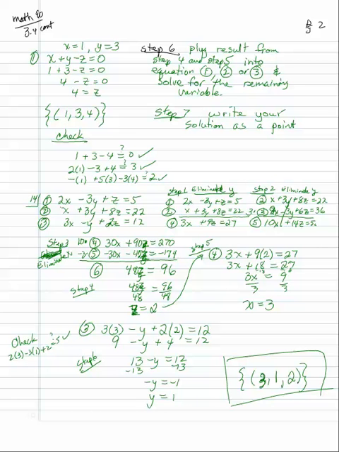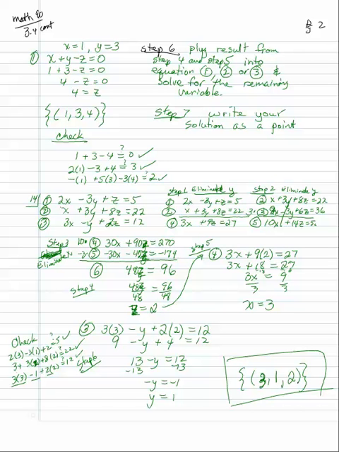And then 3 plus 3 times 1 plus 8 times 2, does that equal 22? So it'll be 3 plus 3, 6 plus 16 is 22. Check. And then the last one, 3 times 3 minus 1 plus 2 times z, which is 2. Does that equal 12? So 9 minus 1 is 8, plus 4 is 12. Okay, they all check.